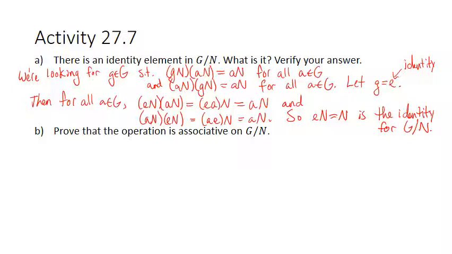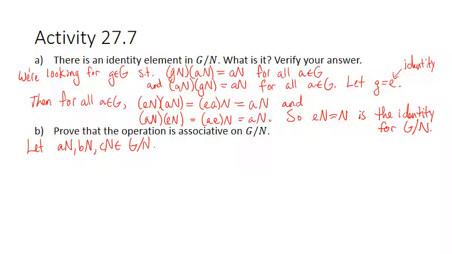Okay, part B, prove that the operation is associative on G mod N. So let's take three cosets that are in G mod N. So let aN, bN and cN be in G mod N, or we could have just said let a, b, and c be in G, and then these would be in G mod N. So we need to show the following.